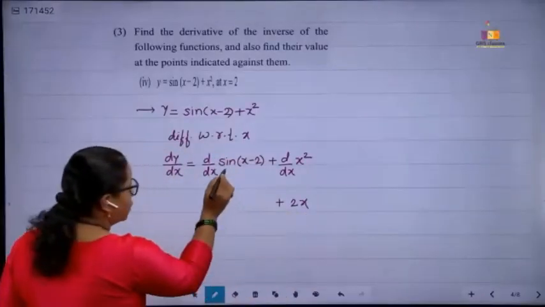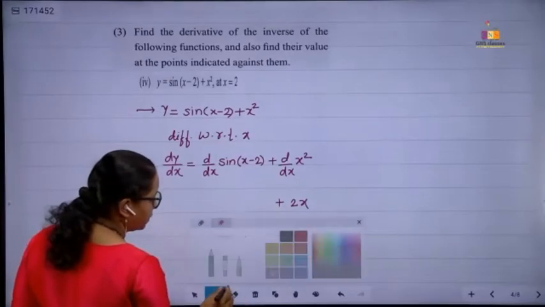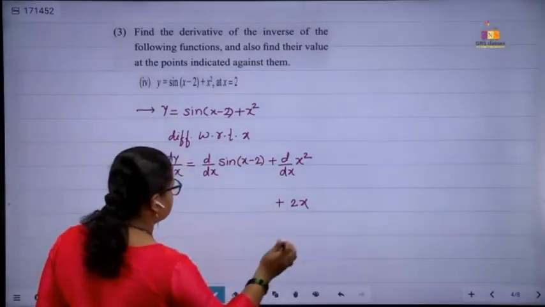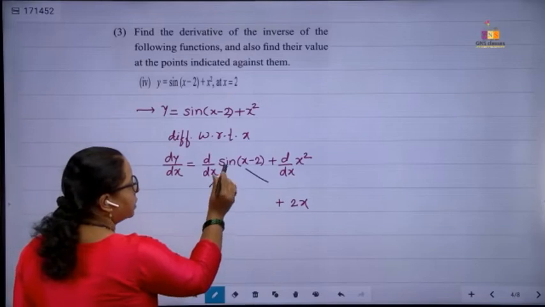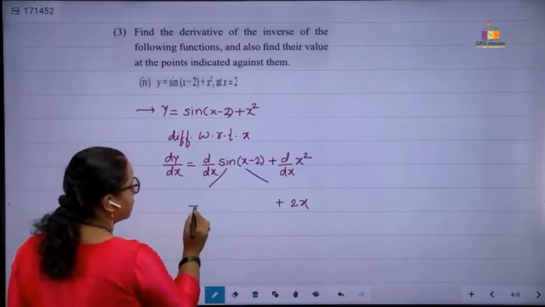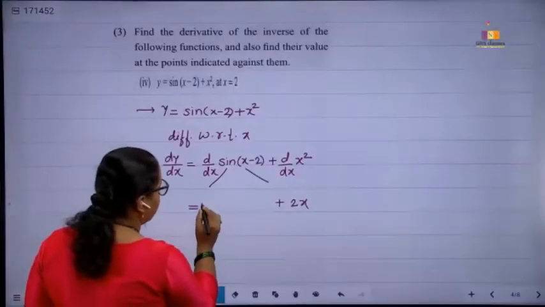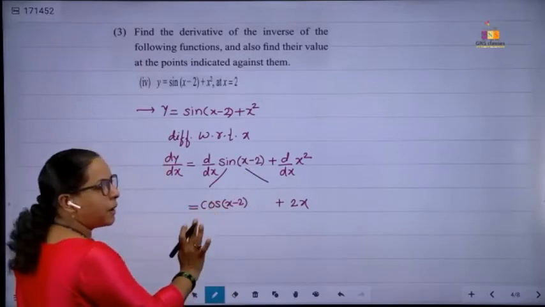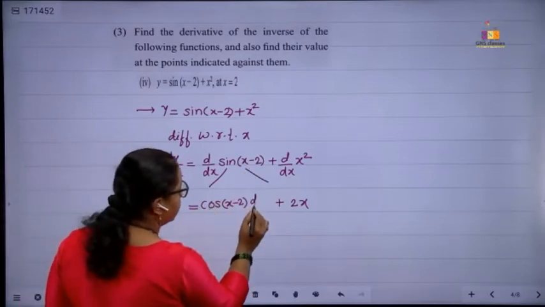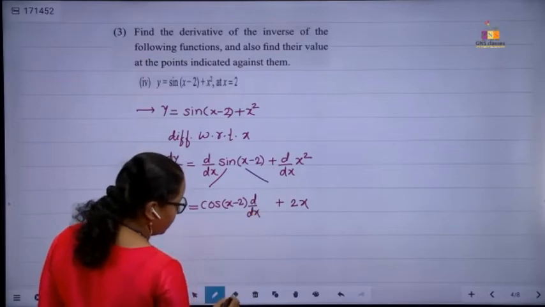And here outside function is sine, and inside function is x minus 2. Derivative of outside function, sine derivative, cos. Cos, correct. Cos of x minus 2. First of all, we will keep angle as it is into derivative of inside function.